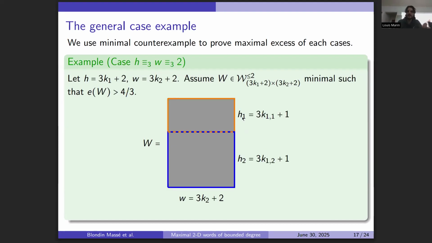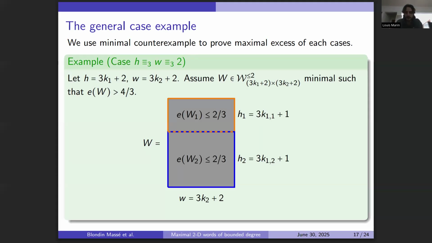Now we can separate its height into a height h1 that is a multiple of 3 plus 1, and a height h2, which is also a multiple of 3 plus 1. So now we have 2 rectangles, the one with the border in orange and the one with the border in blue. We have 2 rectangles in the case where the width is equal to 2 modulo 3 and the height is equal to 1 modulo 3.